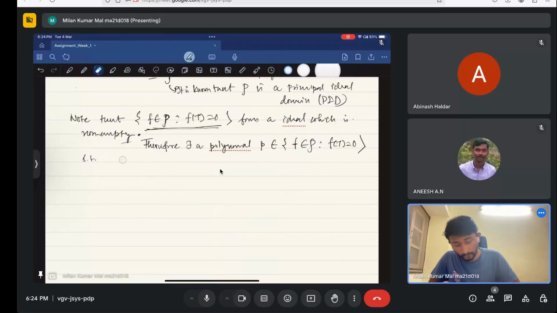Ideal generated means left multiplication by elements of the space of polynomials, and by addition all these things will be there.